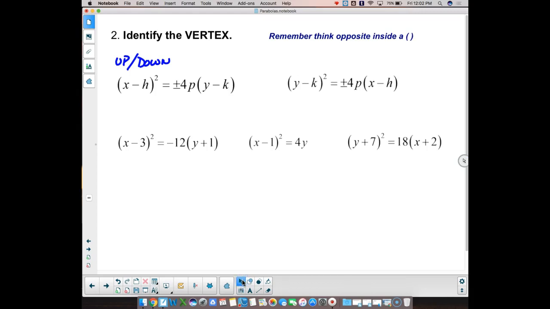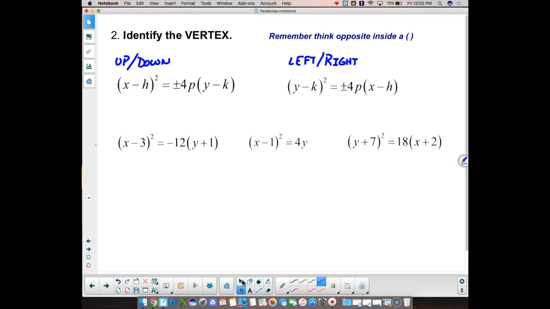On this side, this is the standard form for a left or a right parabola. Y is squared. If 4p is positive, it opens to the right. If 4p is negative, it opens to the left.